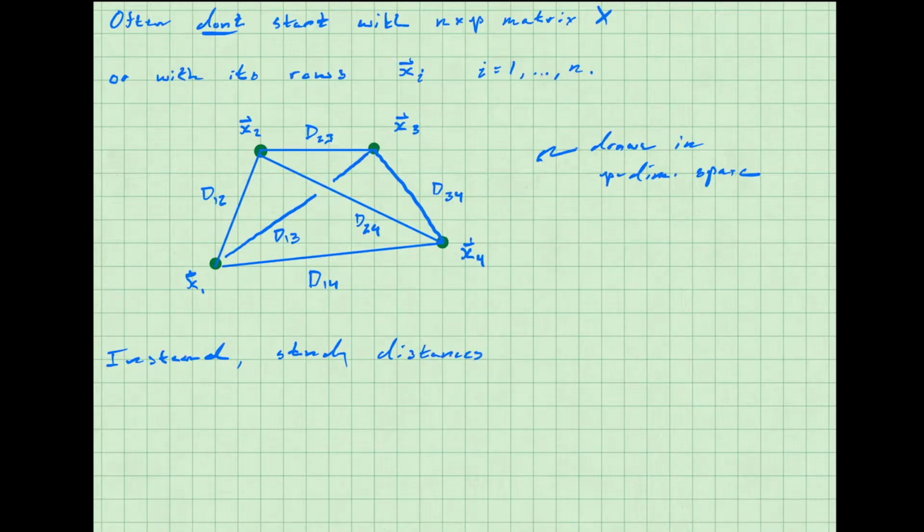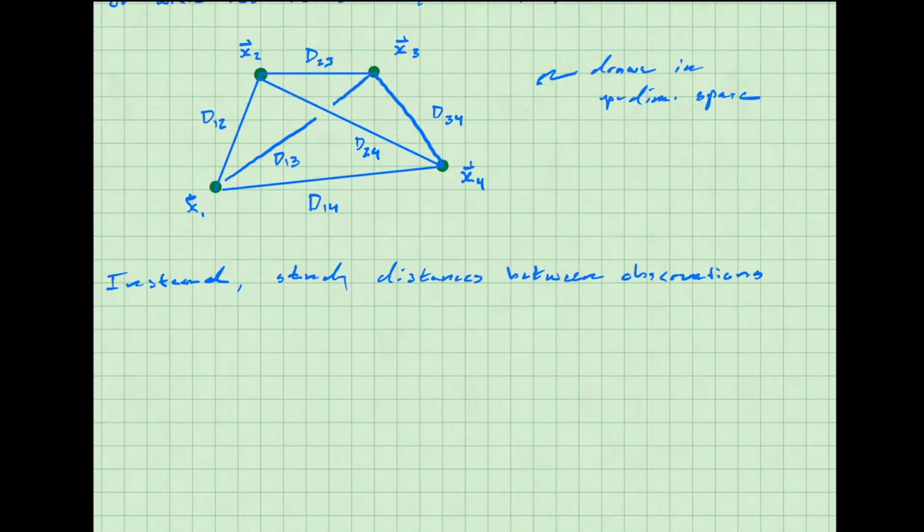And I'm calling them distances here, but they could also be what we call similarities, which is some kind of measure of how similar any two pairs of observations are. We'll get to that in the later part of the lecture. So we'll call these distances between observations, and collectively they'll make some matrix D, and it looks like this, right? It's the collection of all the Dij.